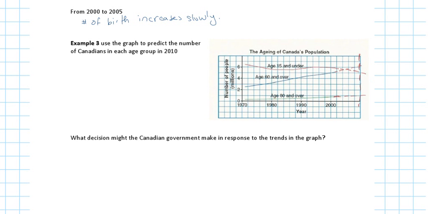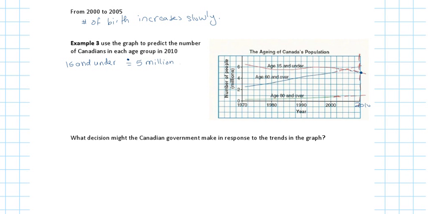So by extrapolating here, I see that my trend is going down, and in 2010, my number of 15 and under is about 5 million. This equal sign with a dot on top means it's about.